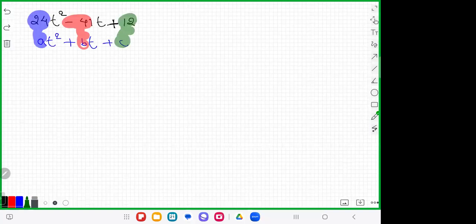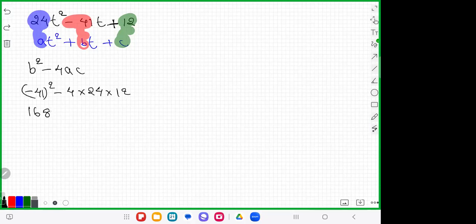The next step is to find b square minus 4ac. b is minus 41, so it is minus 41 square minus 4 into 24 into 12. 41 into 41 is 1681, minus 4 into 24 into 12, which is 1152.